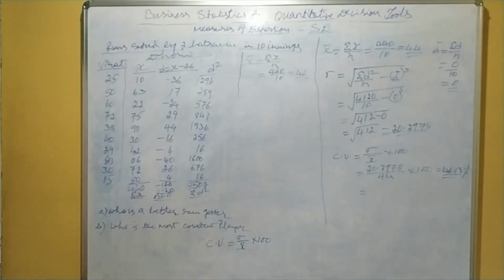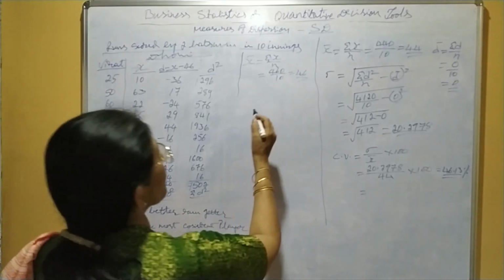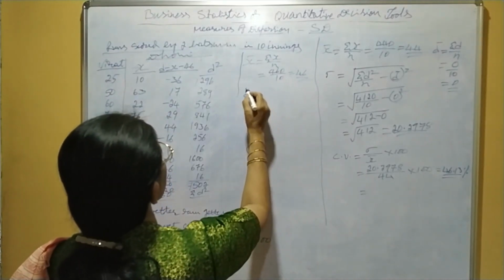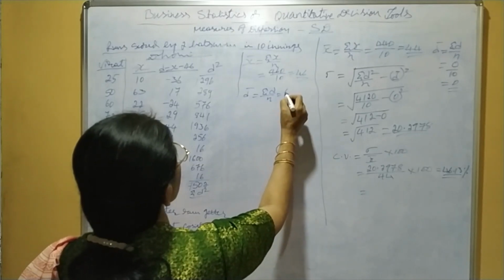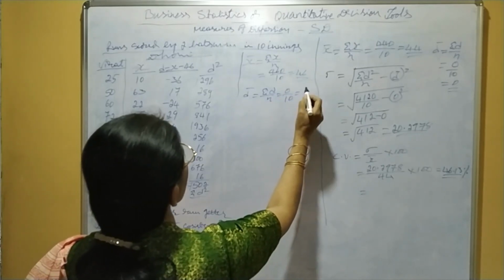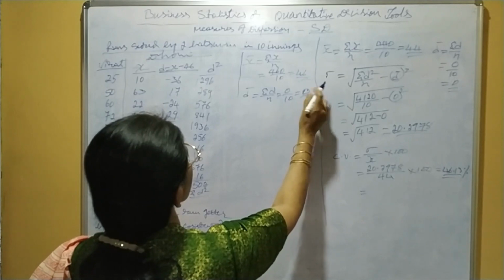Okay. Now you have to apply the formula. First take d bar equals sigma d divided by n, equals 0 divided by 10 equals 0.